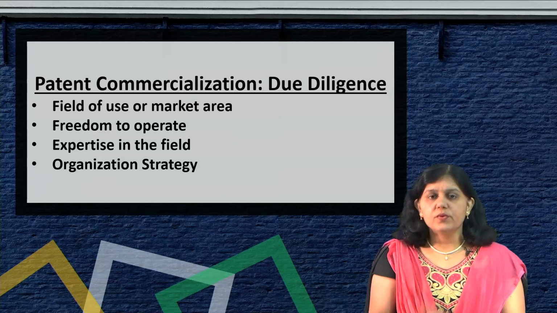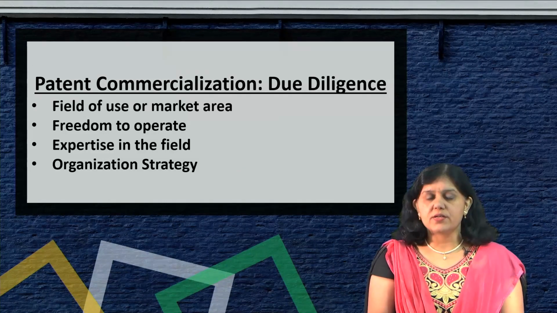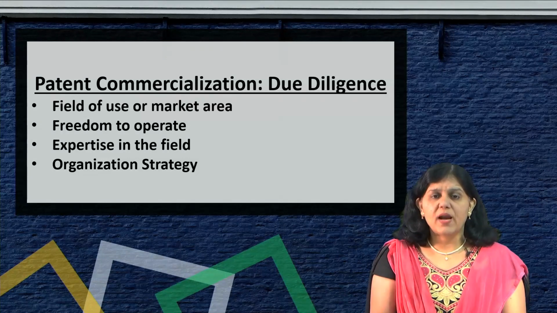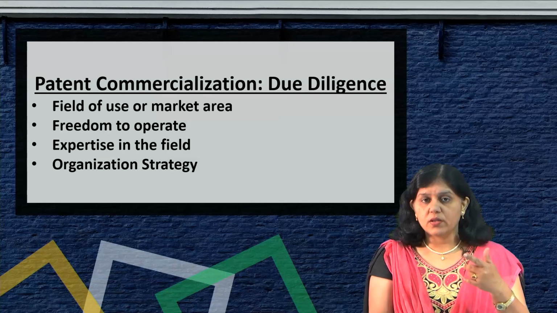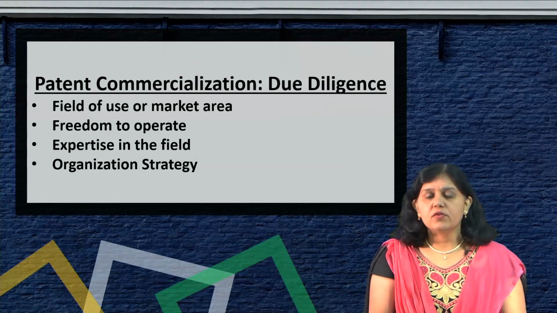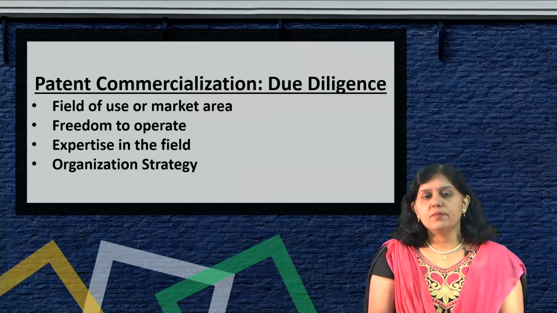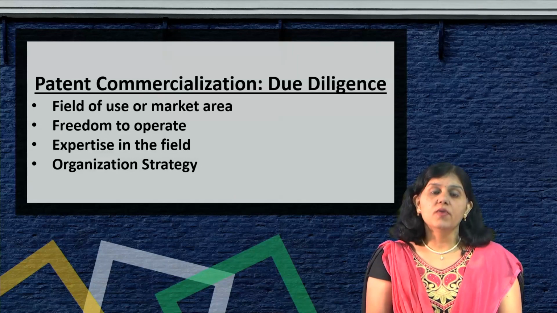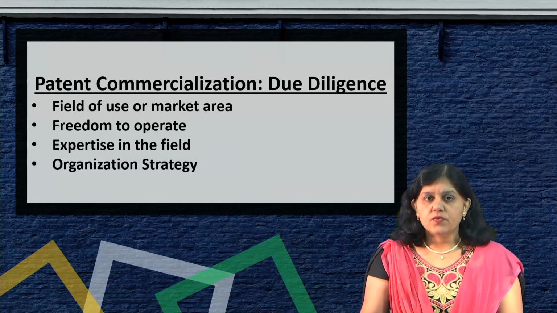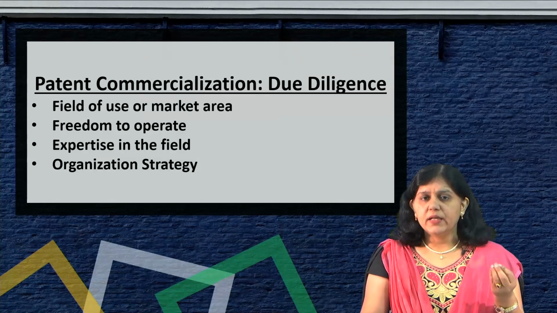In short, technology strategy is there, business strategy is there, IP strategy is there, all are very interrelated, and there are so many parameters and procedures to decide on the commercialization of a particular product, right. But you should be aware that the organization strategy is a major decision-making factor when you are thinking of commercialization.